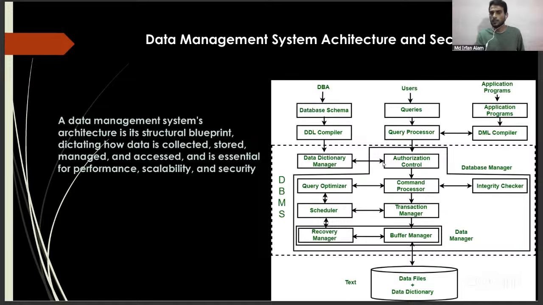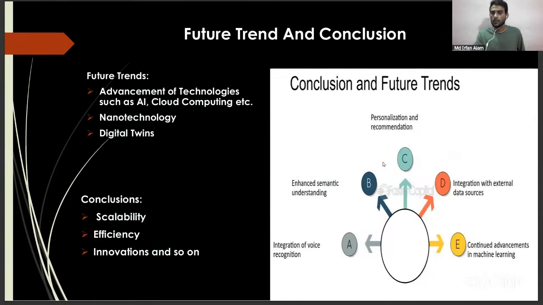There are many databases such as SQL, a structured query language, to structure your data for future purposes. Now, the conclusion and future trends: advancement of technology such as AI, cloud computing, nanotechnology, and digital twins used by synthetic biology platforms for better product development, scalability, efficiency, innovation, and so on.